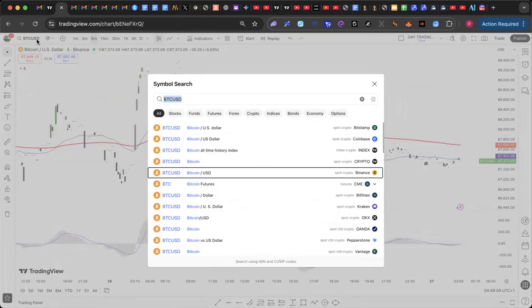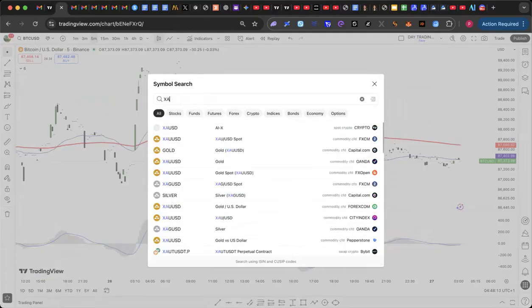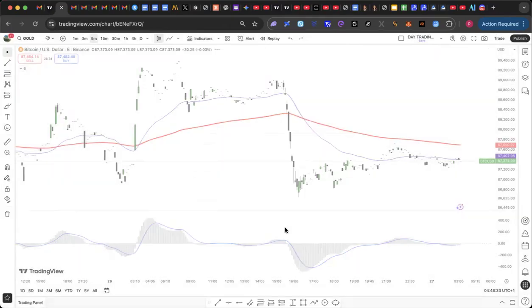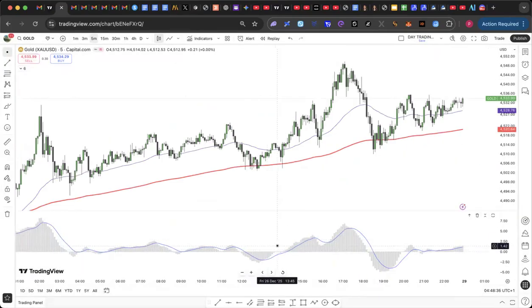Now XAU USD. Look at XAU USD, so the same thing.